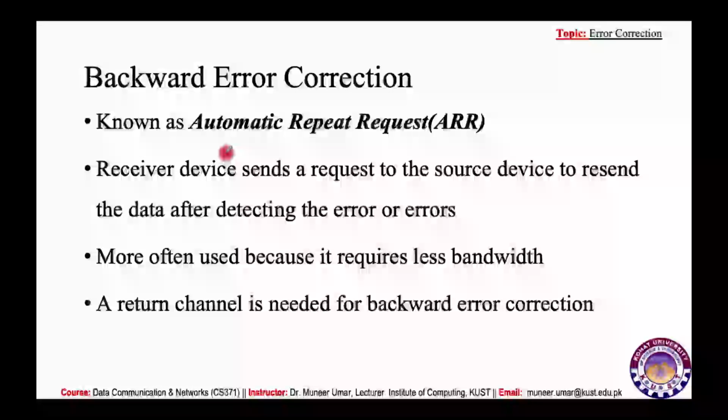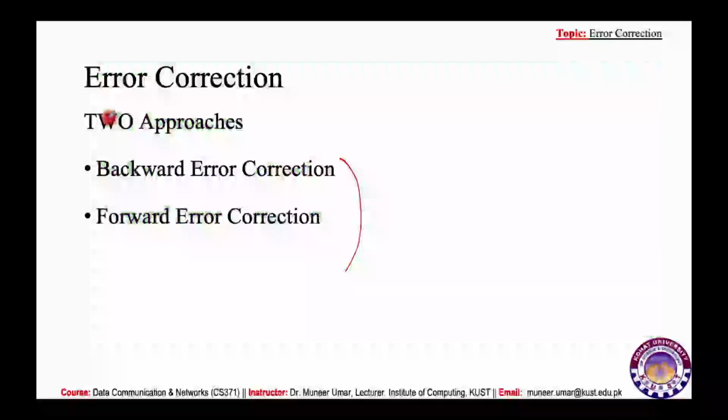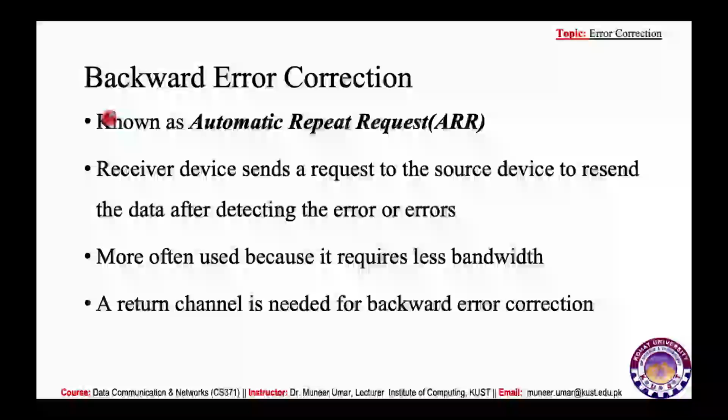Backward error correction. This is the first approach we saw here. This approach is also known as automatic repeat request, ARQ. The receiver device sends a request to the source device to resend the data after detecting the error or errors in the received data.